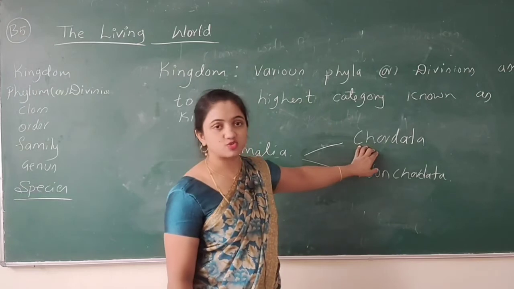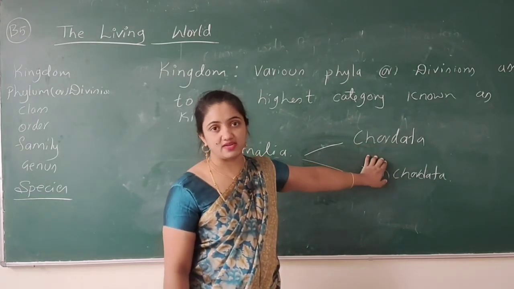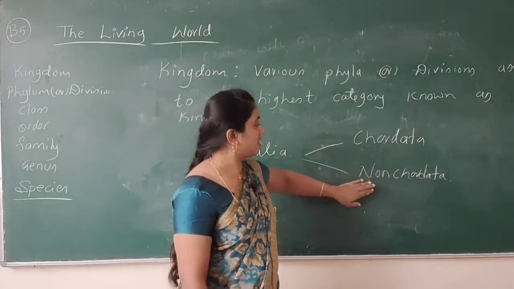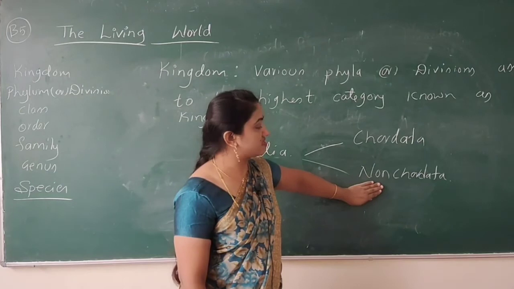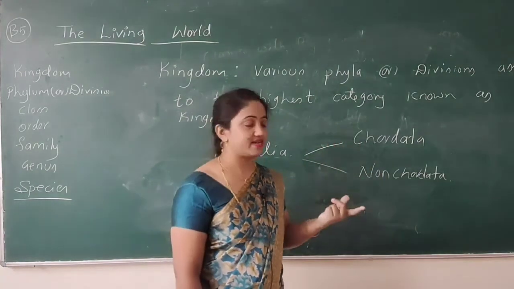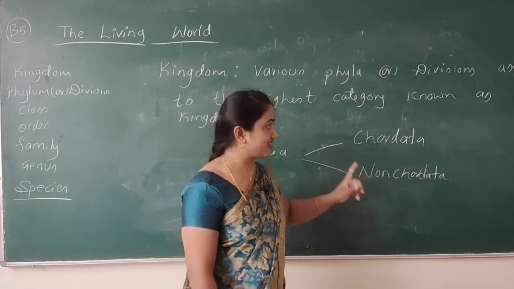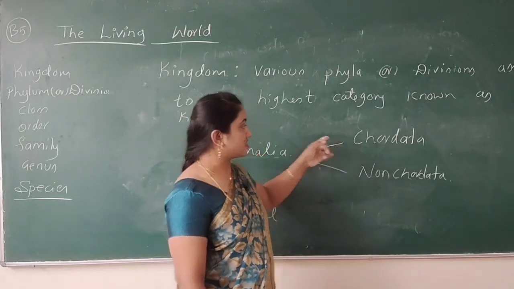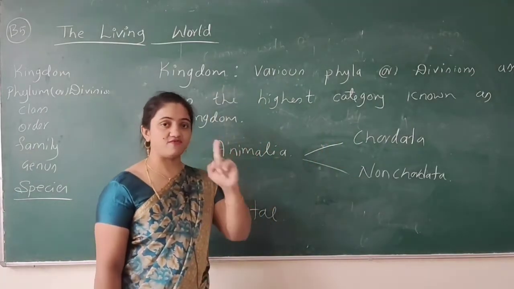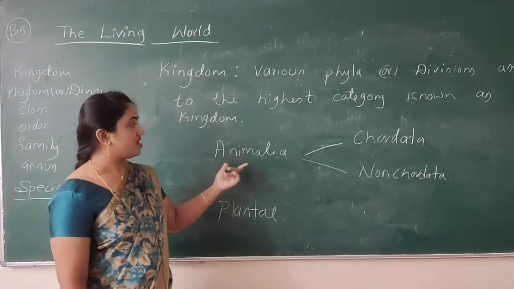The chordata species have the notochord and a dorsal hollow neural system, and the non-chordata animals do not have the notochord and so on, but they are considered animals. That's why they come under the same kingdom, kingdom Animalia. Because of the presence of one similar character, they come under the kingdom Animalia.